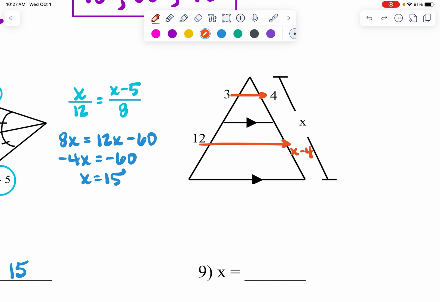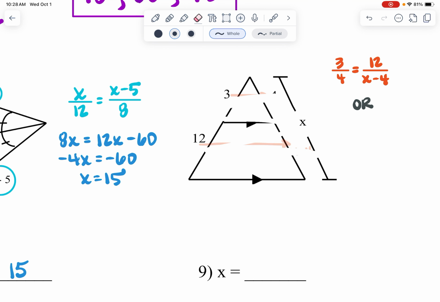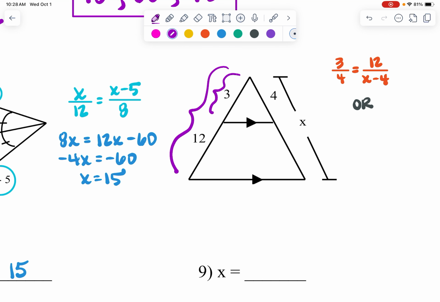So you can either solve it that way. Actually, I'm going to write them both. I can say 3 is to 4 as 12 is to x minus 4. So that is one possibility. Or I'm going to solve it the other way. If you don't ever want to use partial sides, you don't have to. I can say 3 is to, and then make sure I get the whole side over here, which would be 15.